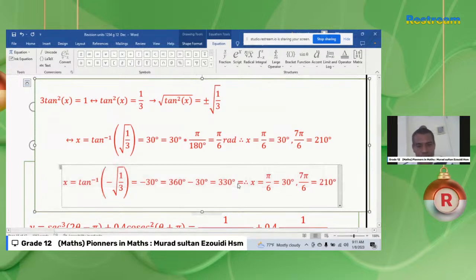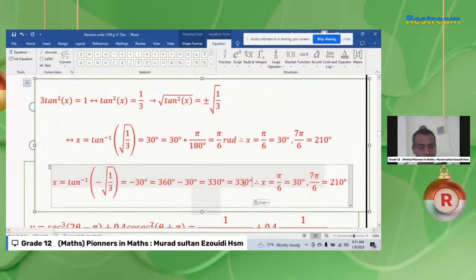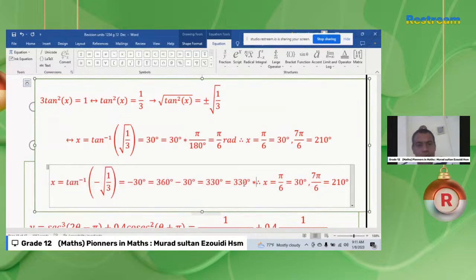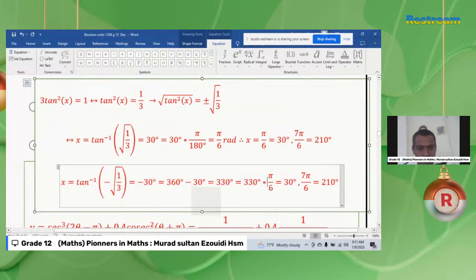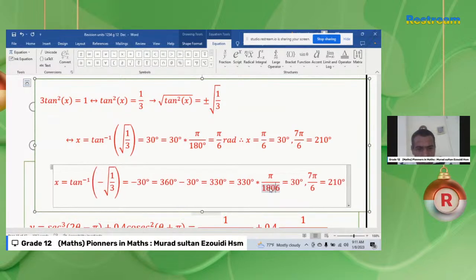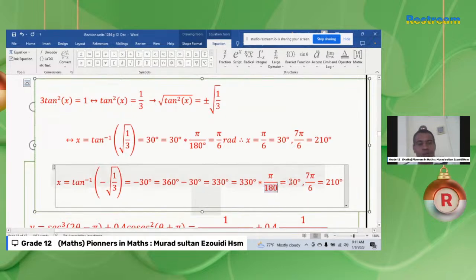You multiply 330 by pi over 180, if you are going to convert to radians.